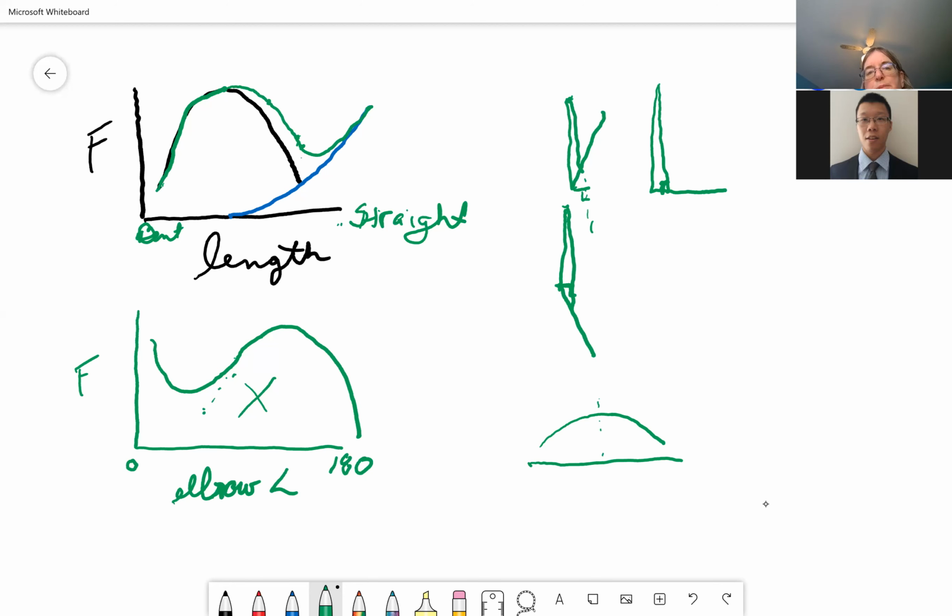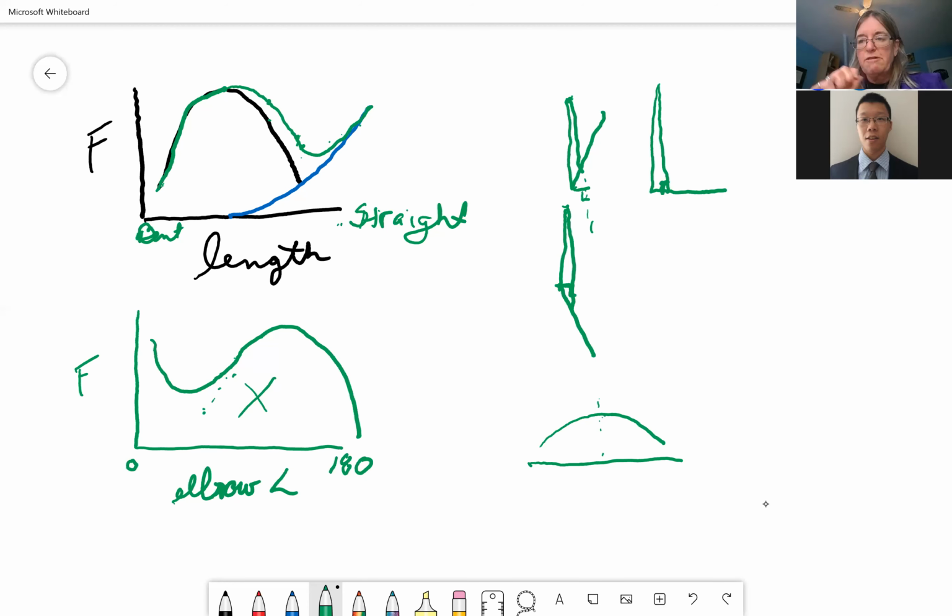So on top of this part right here, you also have something here. So even though in here or so you have about the proper muscle length, you also have the most moment arm, so you can get the most torque out of it.